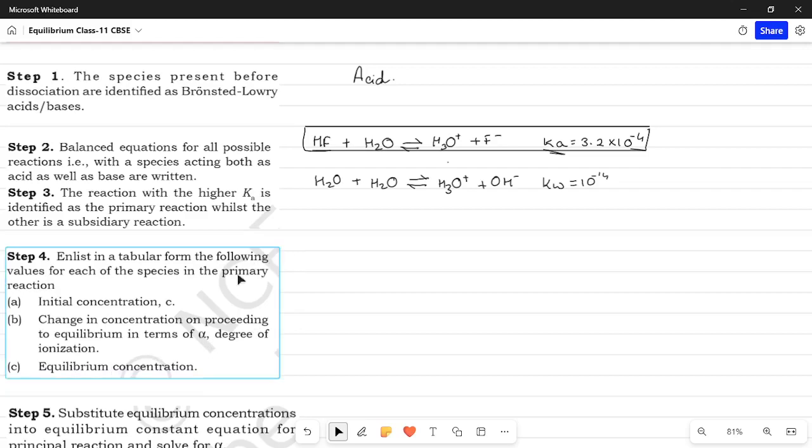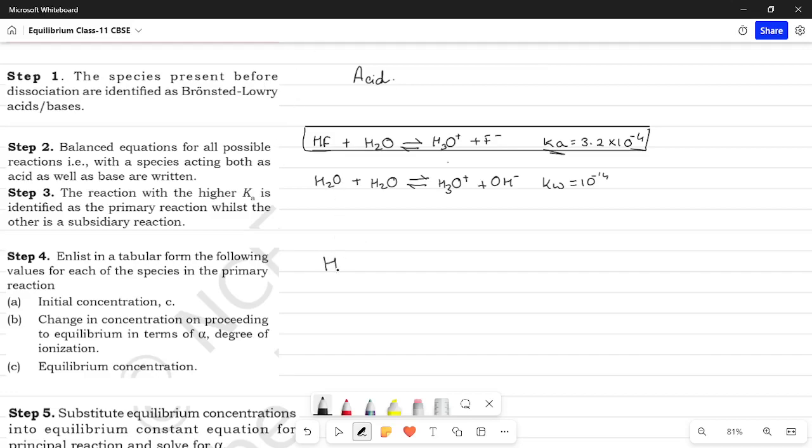Okay, so let's first write down the equation again and go from there. First of all, you have HF plus H2O in equilibrium with H3O plus and F minus.